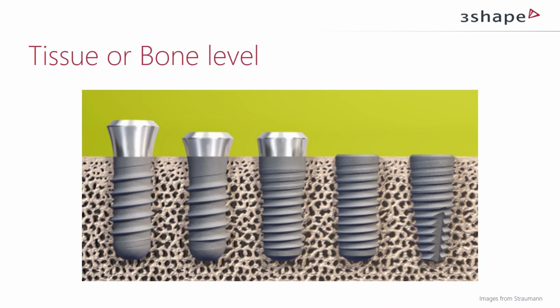One easy way to call it is to say that if you are trained by a company that uses soft or tissue level implants, then you prefer that because you feel safe and you know what to expect, and vice versa. But what I really can recognize today is that first we see a trend that we are going away from cemented constructions, so we're actually going more to screw retention again, and also a trend that in the distal areas we use more tissue level because the soft tissue is thinner and it's harder to actually work with.